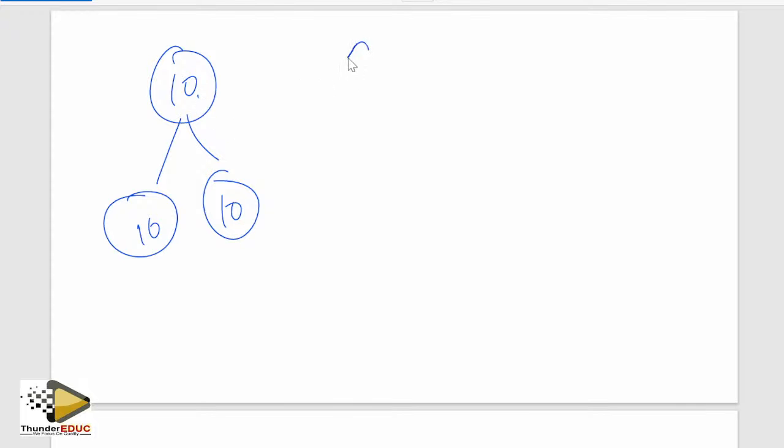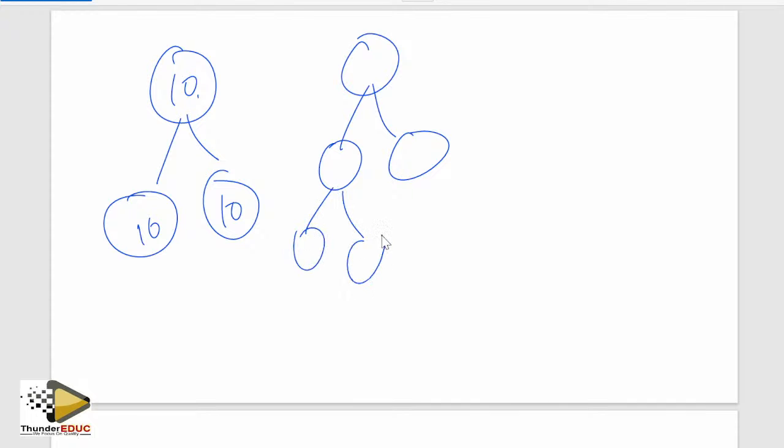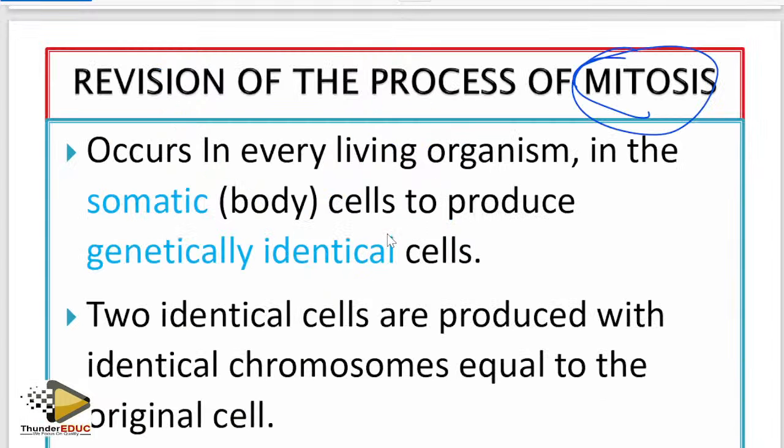In meiosis, one cell divides to form four cells, whereby each cell is different from the others and has half the chromosome number of the parent. So we have to differentiate between meiosis and mitosis so that we are able to know their importance.